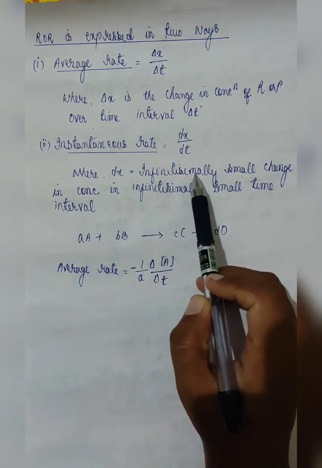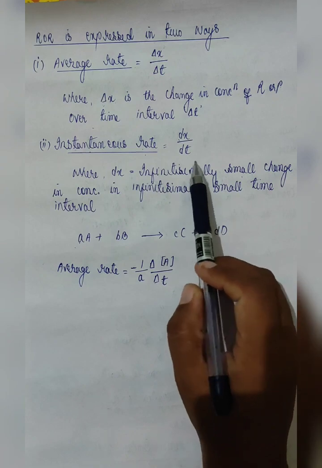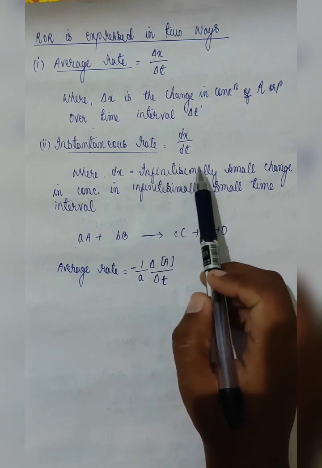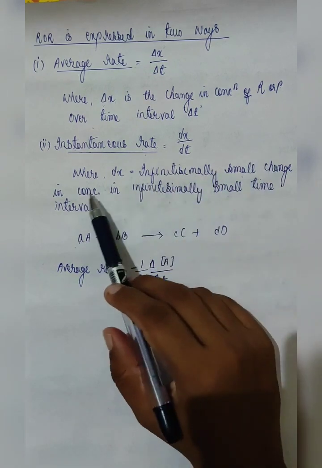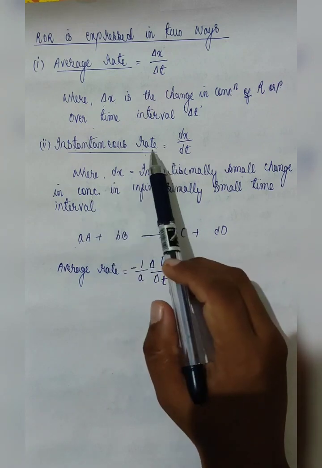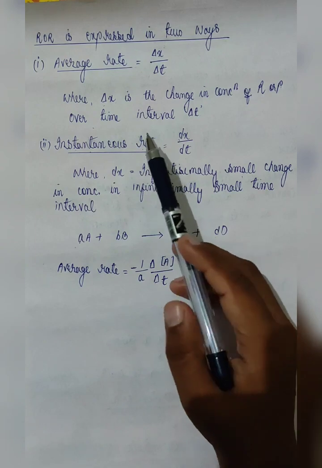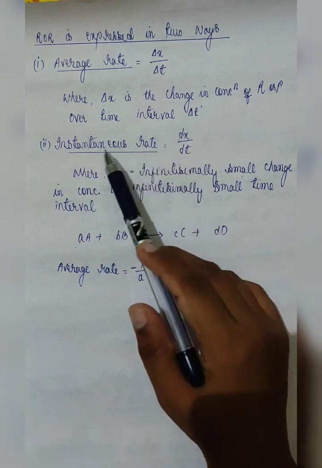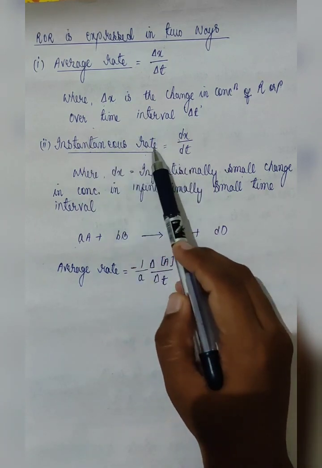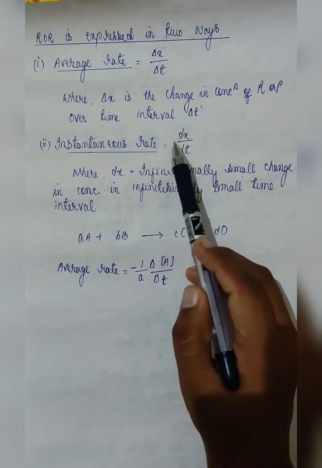Infinitesimally means very, very small. So instead of this, you can also write very, very small change in concentration. I have already told that it is for very short period of time. The change will take place at a very short period of time. We use the instantaneous rate given by dx by dt.